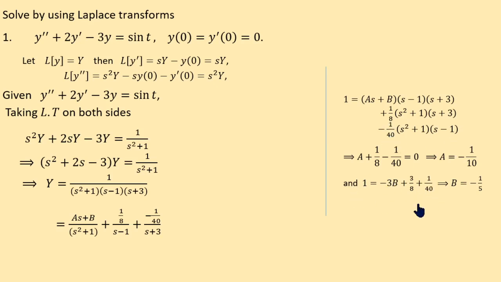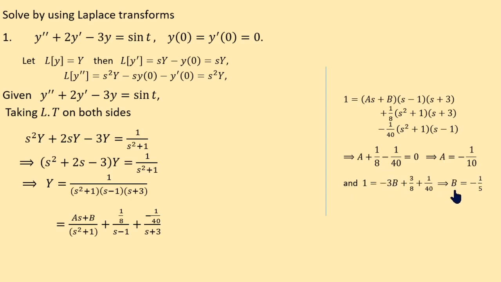So, take minus 3b to the left side: 3b becomes 3 by 8 plus 1 by 40 minus 1. Just substitute in calculator. That is 3b. b is divided by 3. So you will get minus 1 by 5.